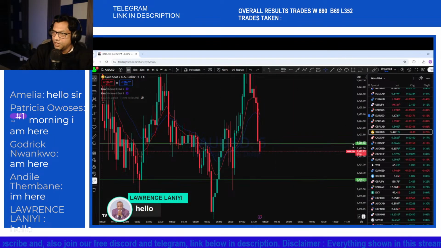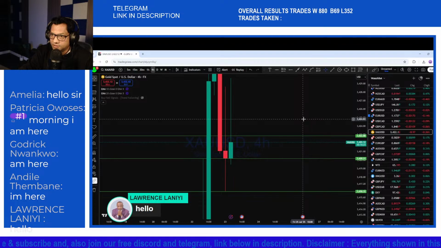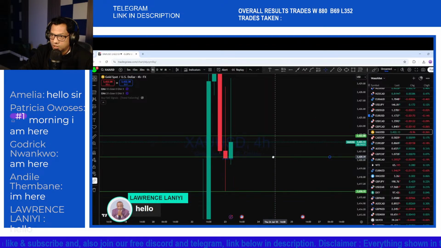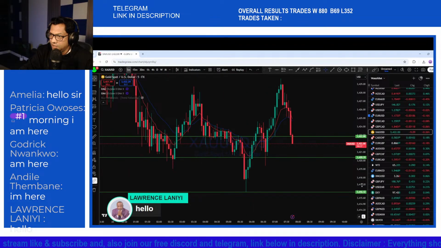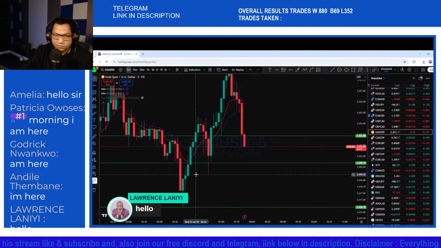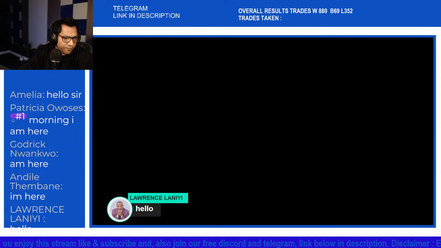Let's see, as the market is coming to that 4-hour support here, that's where we could see a possible rejection again back to the upside in this instrument. So let's wait to see how we can find a possible entry with this session's low here.